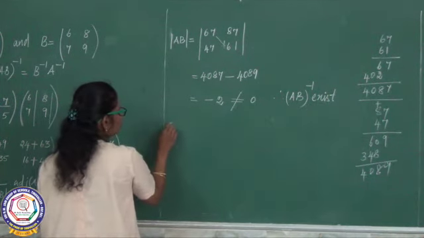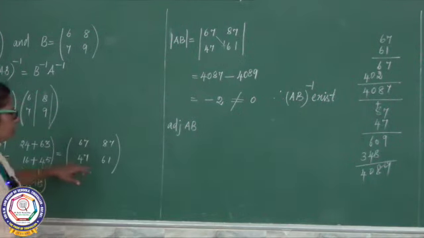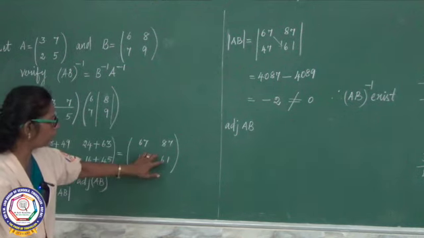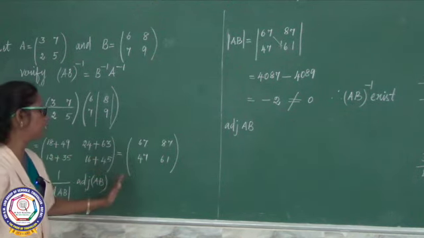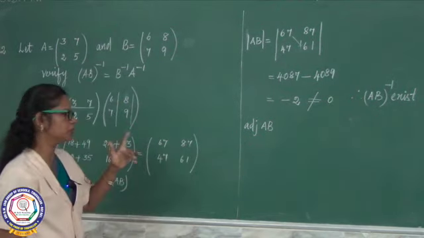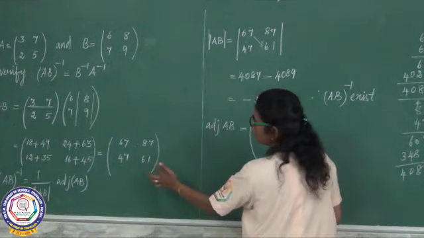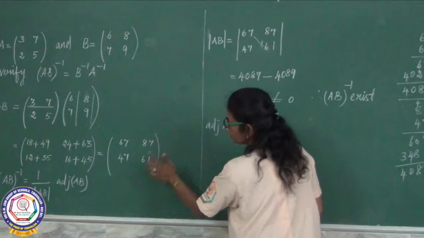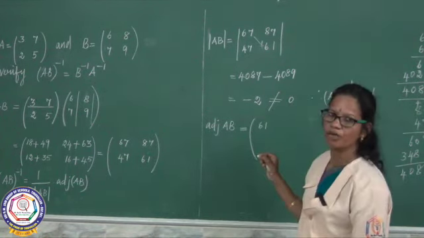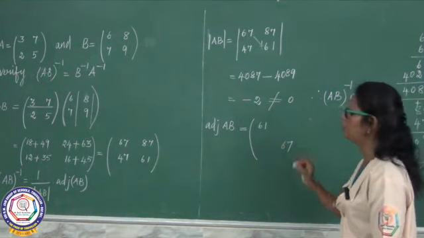Next step, adjoint of AB. It is easy in a 2 by 2 matrix. Just change the main diagonal entries and change the sign of the sub-diagonal. What is the main diagonal here? 67, 61. So you put 61 in the place of A11 and 67 in A22.